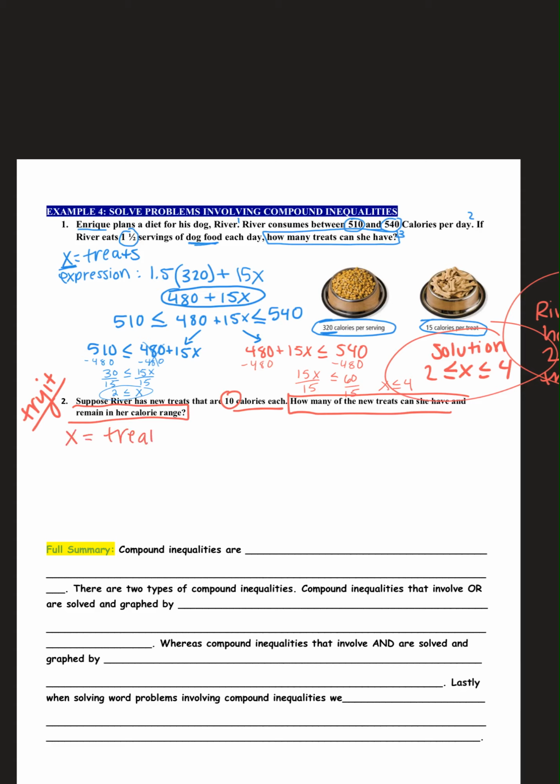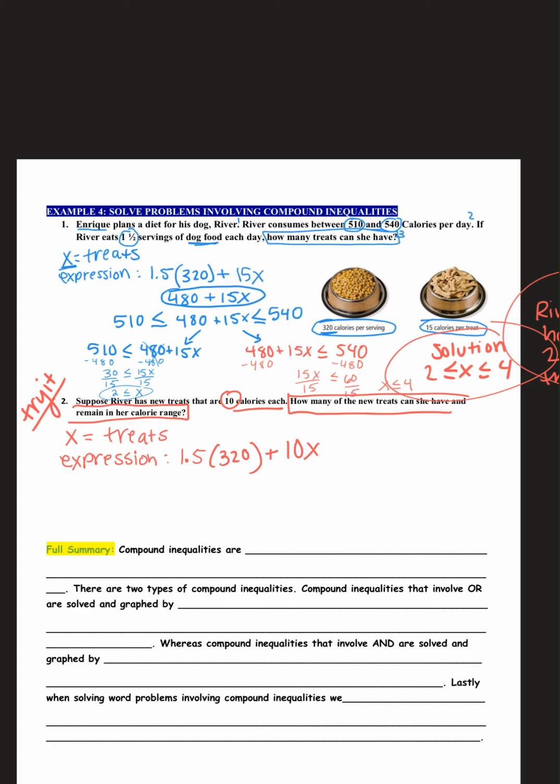And our expression: she's still eating 1.5 servings of dog food, and the dog food is still 320 calories per serving. And instead of it being 15 calories per treat, it's going to be 10x. And then her calorie minimum and calorie maximum didn't change.